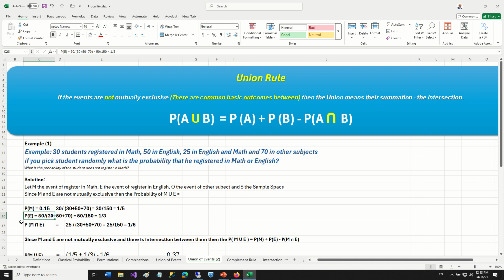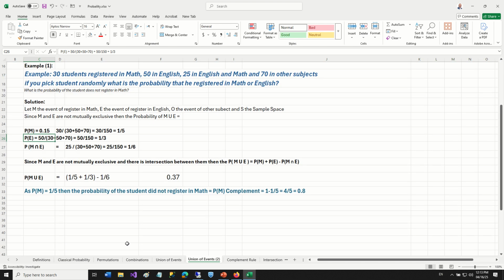The probability of E, how many students registered in English, 50 divided by total number of students, is 1/3. The probability of M intersection E, which is the number of students who registered in both of them, equals 25 divided by 150 equals 1/6.